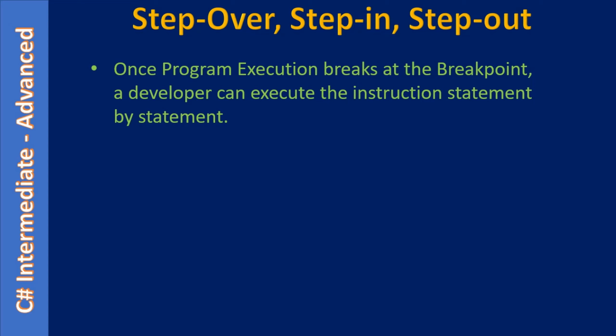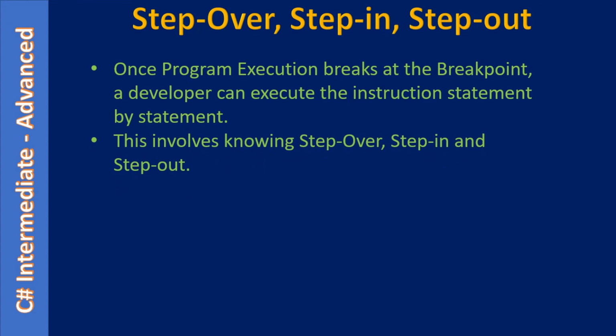That means a programmer can execute one statement at a time, then execute the next line of statement and so on. So when executing the statement line by line, we should know the options step over, step in, and step out.